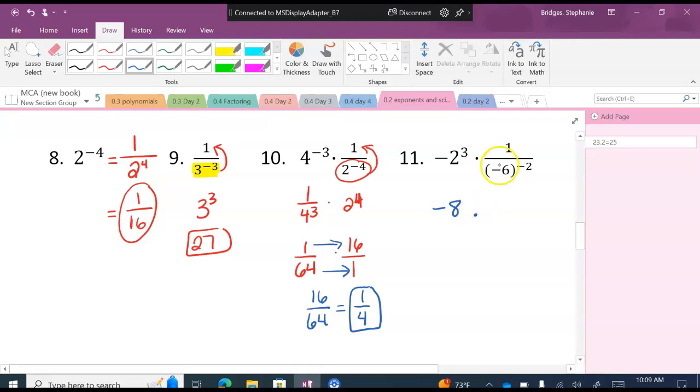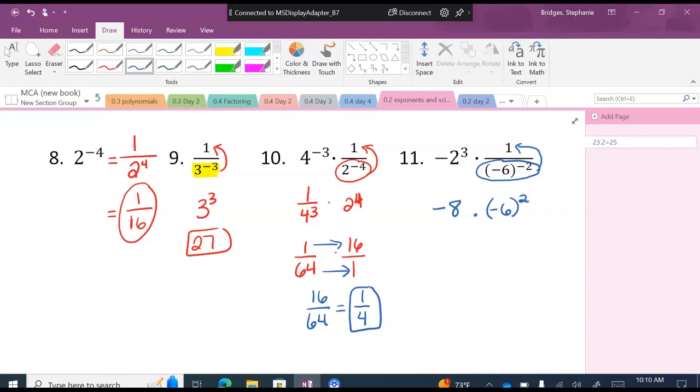Now, with the second piece, this does have a negative exponent, so I need to move it to the top. That does not change the sign of the number, though. That 6 is still negative when I move it to the top. The only sign that changes is the sign of the exponent, so it becomes negative 6 squared. If I enter that fraction in my calculator with the parentheses, I keep getting an error, and I can't figure out why, so got to be careful with that one.